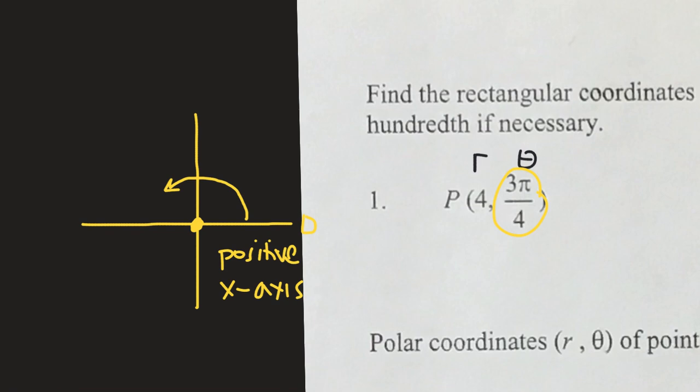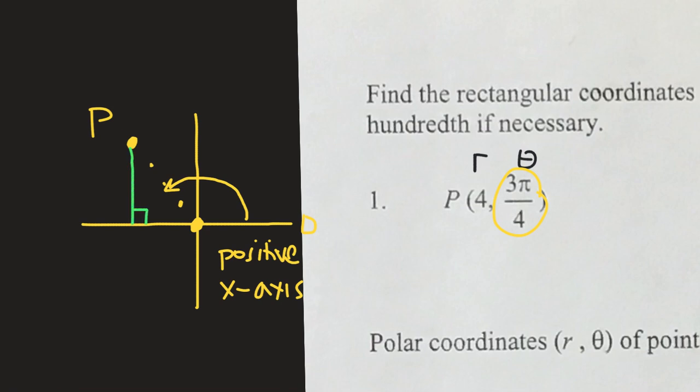So we're going to go out 4 units, or 4 dots, from the origin. So 1, 2, 3, 4. This is the point that we are calling P, which is a radius of 4 at an angle of 3 pi over 4. So our job is to convert this into a y value.